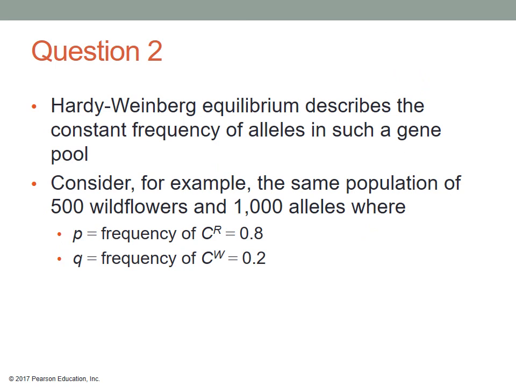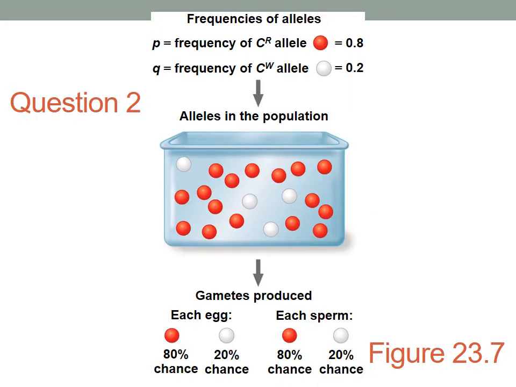So the Hardy-Weinberg equilibrium describes a constant frequency of alleles in a gene pool. Consider an example where you have 500 wildflowers. If you have 500 wildflowers, you have 1,000 alleles. And you know that P is 0.8 and Q is 0.2, which is what we're seeing here. Your frequencies are 80% red, 20% white.